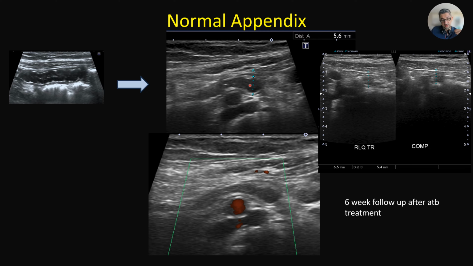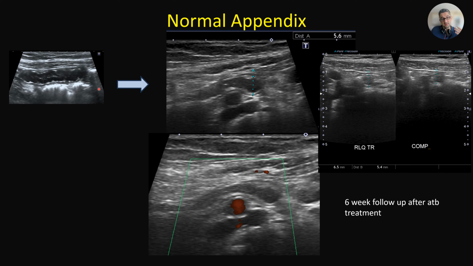The lumen is actually filled with fluid. It measures 5.6 now, and there is no hyperemia anymore. And the compression is better. So it goes from 6.5 to 5.4 millimeters. So it normalized.